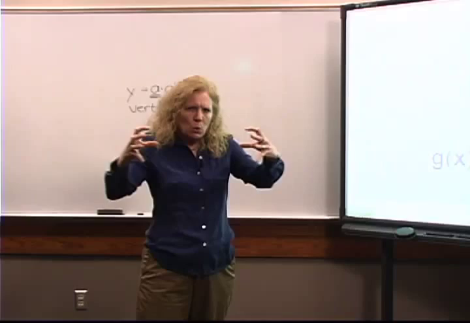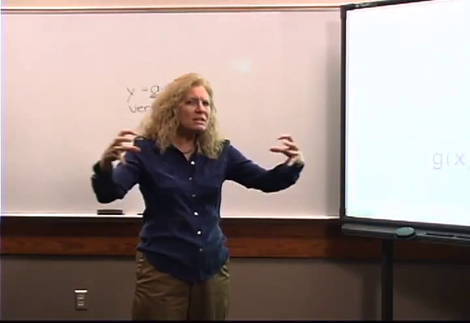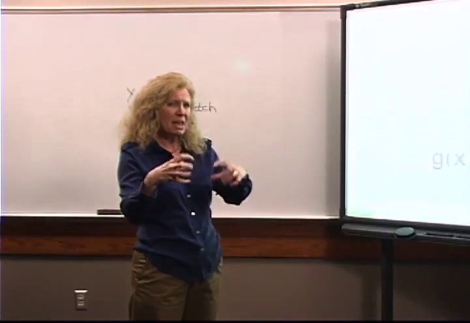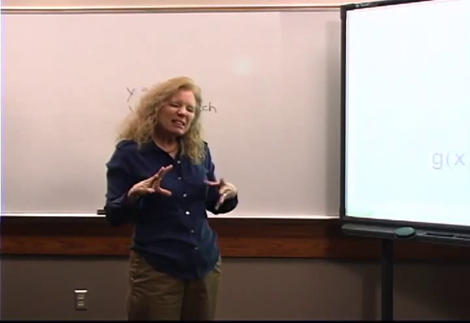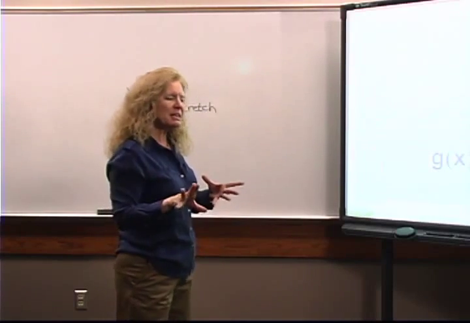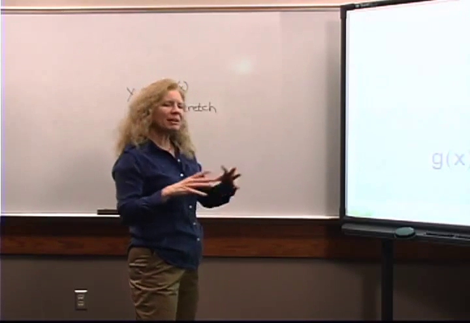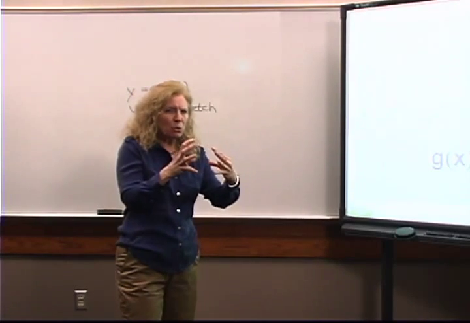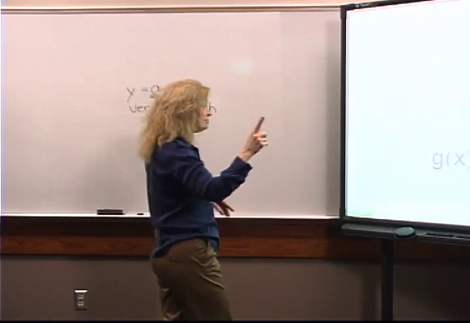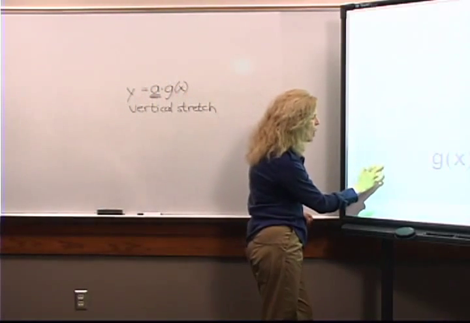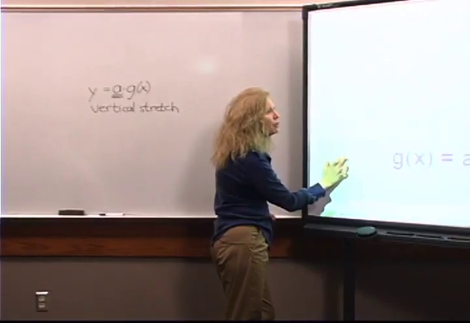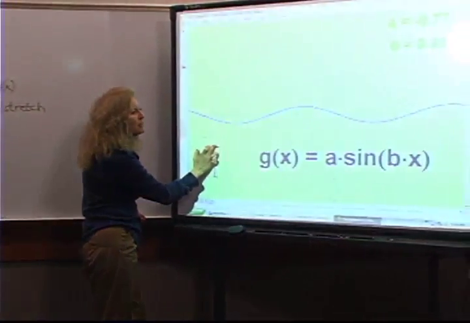Do you realize it's doing a horizontal stretch and compression? Now, in all honesty, it's a little bit hard for us to deal with these B numbers, so we're not going to do a whole lot of work with B, but I do want you to know that it's your horizontal stretch or compression. And what happens when B is bigger than 1? Look at what it's doing.